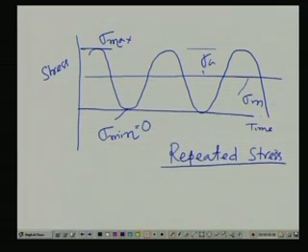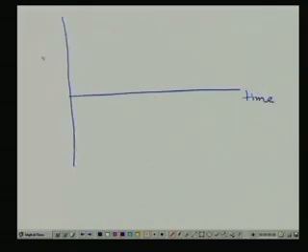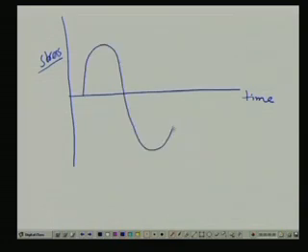And the other one we can think of is a situation that comes out to be something like this. This is the time axis, this is the stress axis, and we have some loading situation, something like this.